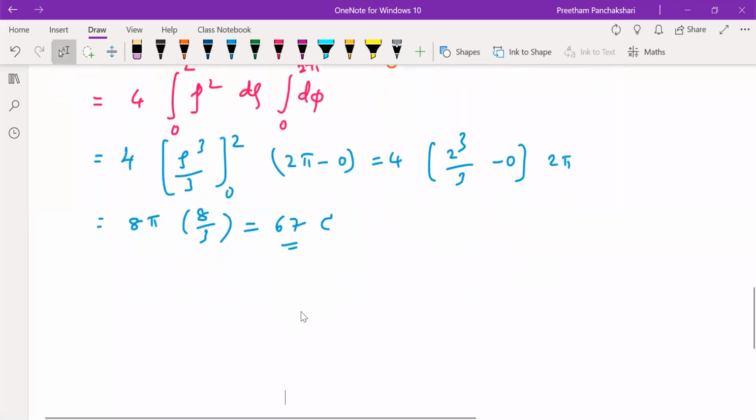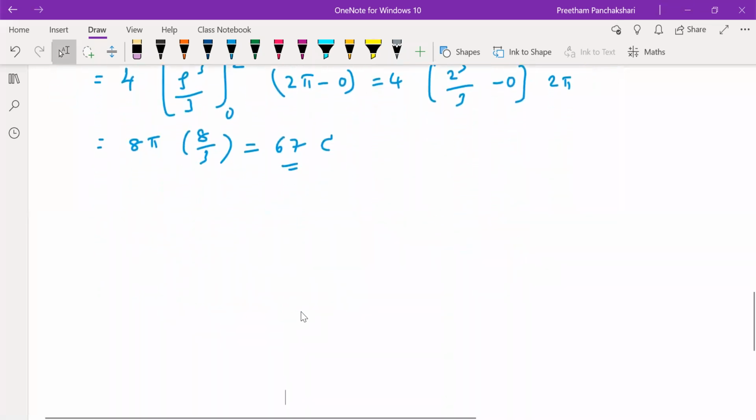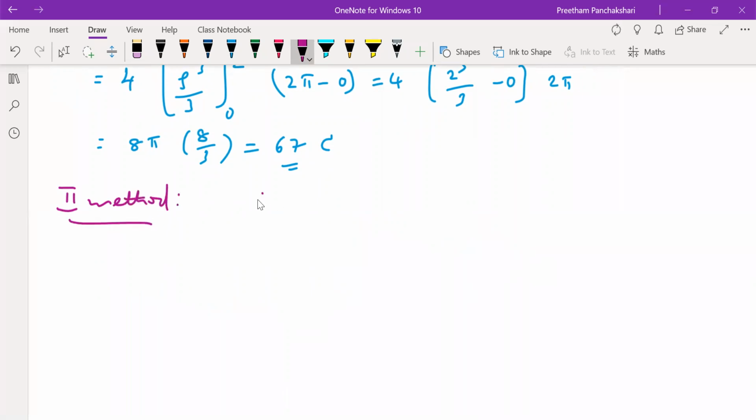So if you are interested in the second method, that goes this way. Total charge is given by the triple integral of rho v dv.